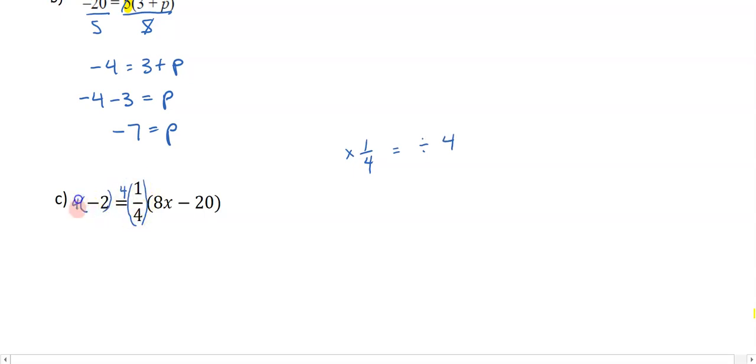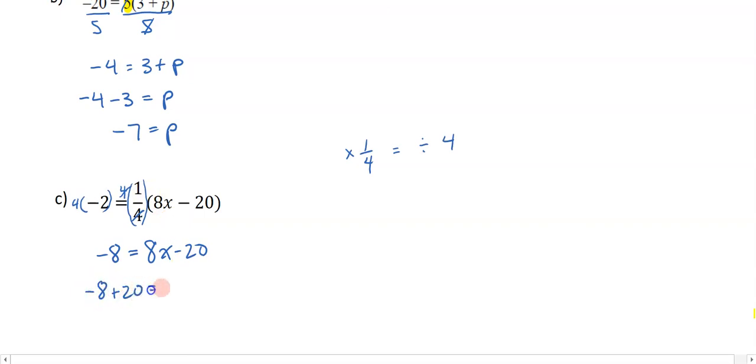If I multiply both sides by 4, then I'm just left with 8x minus 20 on this side, and 4 times negative 2 is negative 8. So don't forget, if it's a fraction and you want to get rid of that fraction, if you multiply by the reciprocal on both sides, you can eliminate that fraction. Now I can continue, and I can say, oh, I'm going to move that negative 20 to the other side.